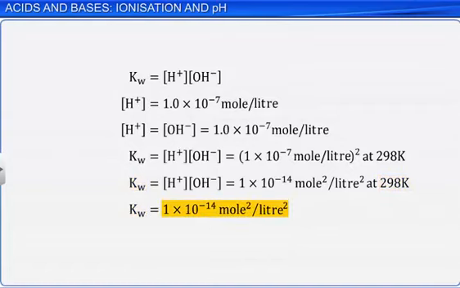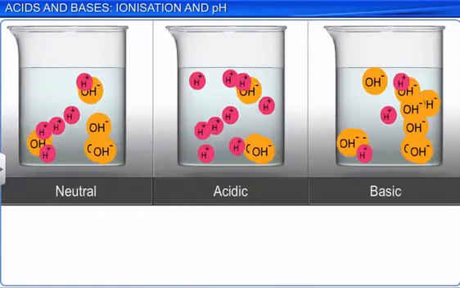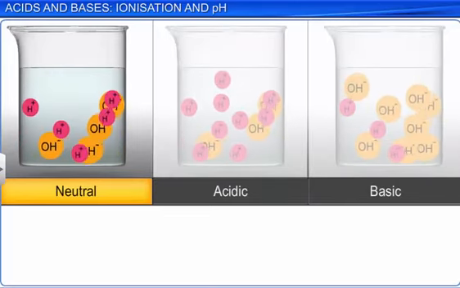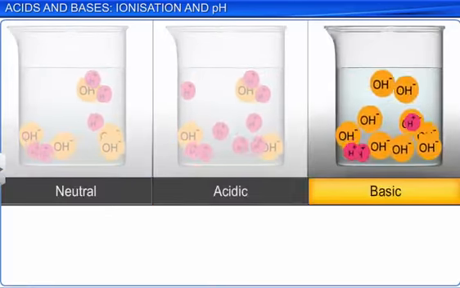It must be remembered that Kw, being an equilibrium constant, depends on temperature. The aqueous solutions of various substances can be divided into neutral, acidic or basic, depending upon the relative amount of H+ and OH- ions.